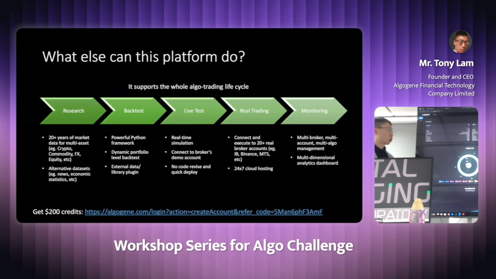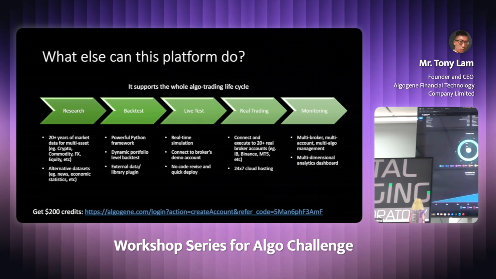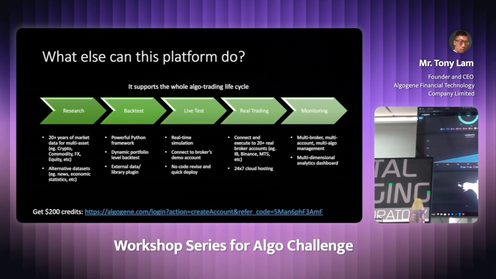So for the platform, we also support the management of multiple algos using a single platform. So let's say I have 3 different trading accounts from 3 different trading brokers. Here we can disable the performance statistics, and we can have a more overall overview of our performance.